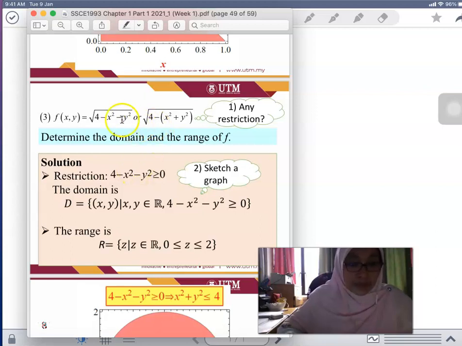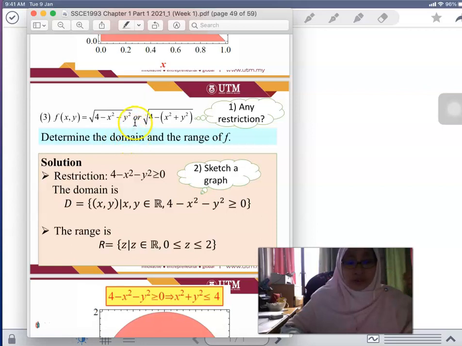Okay, and this one I think is very important for me to explain. So here we have the square root function, but inside the square root function there is 4 minus x squared minus y squared. Now the thing that we want to take note of is the domain.